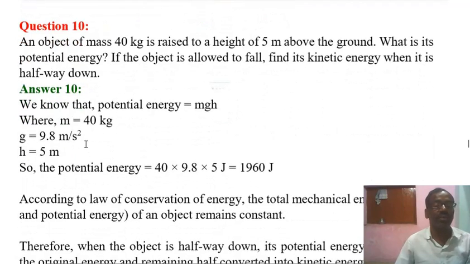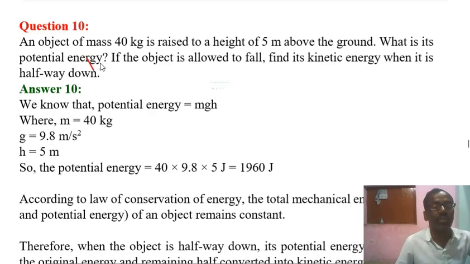An object of mass 40 kg is raised to a height of 25 meter above the ground. What is its potential energy if the object is allowed to fall? Find the kinetic energy when it is halfway down.